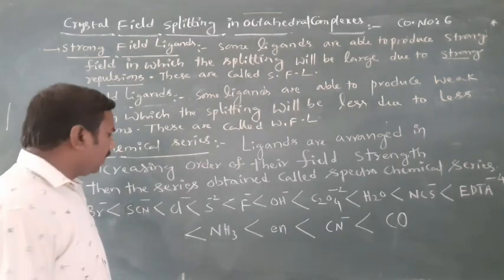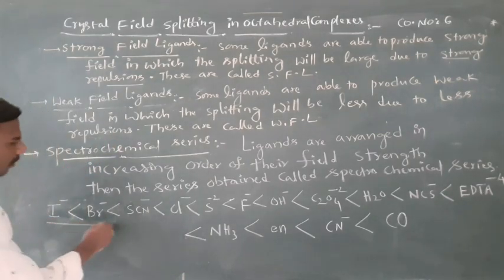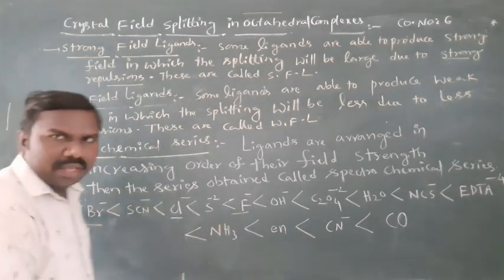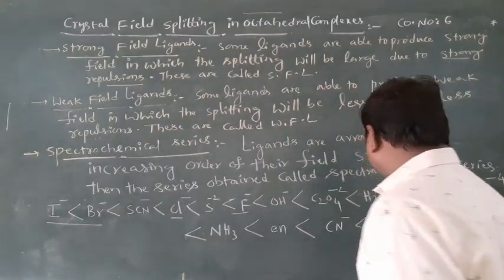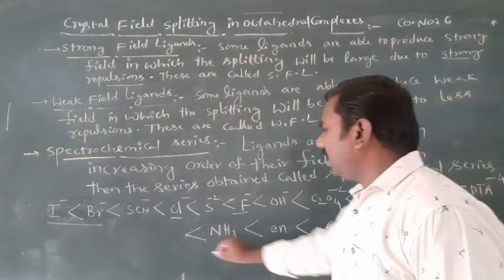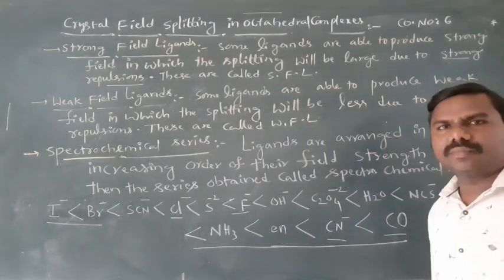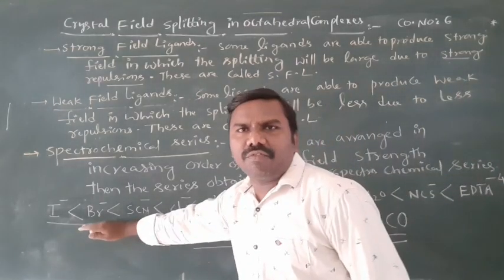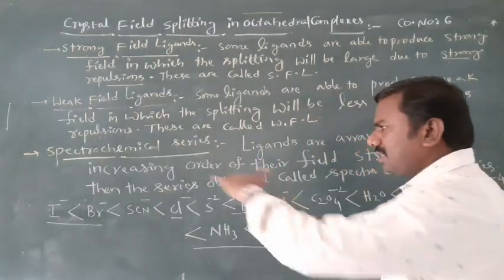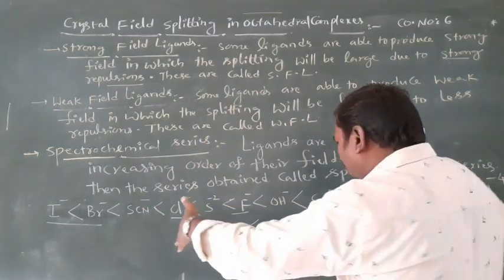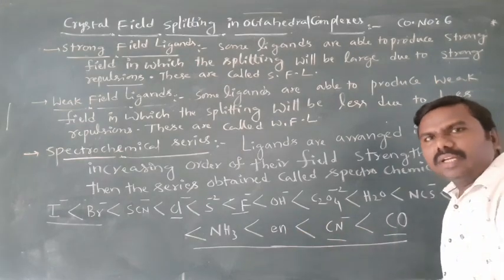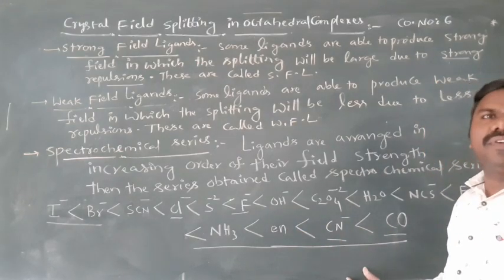You observe clearly, fluorine, chlorine, bromine, iodine are all lower. Less than means lower. I told you that CO, cyanide, ethylenediamine are strong field ligands and these are weak field ligands. Right side, these are higher. Clear it is. Field strength higher means strong field ligands.